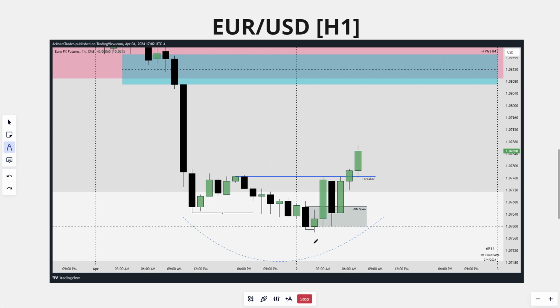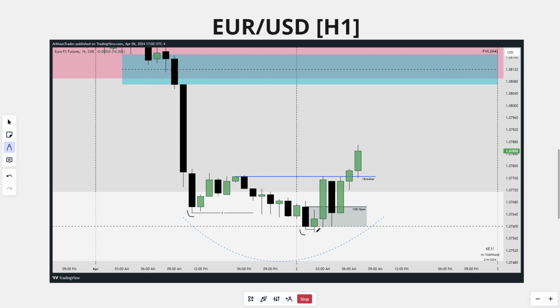Coming down into the H1 time frame here, we get a little bit more precise. We have the prior daily lows that we were talking about that price action did reach down into to take out during Asia session. Then during London session, we took out these Asia session lows.